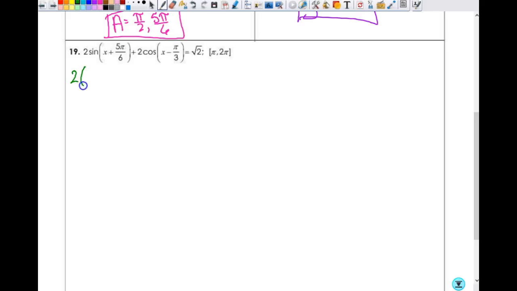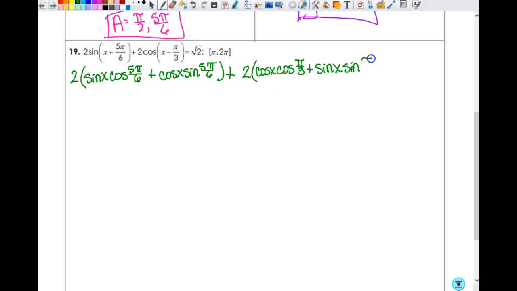So this is going to give me 2 times, well, the sine of a plus b here would give me the sine of x times the cosine of 5 pi/6 plus cosine of x sine of 5 pi/6, plus, and then 2 times, and then cosine of a minus b would give me cosine of x, cosine of pi thirds, plus sine of x, sine of pi thirds, all equal to the square root of 2.